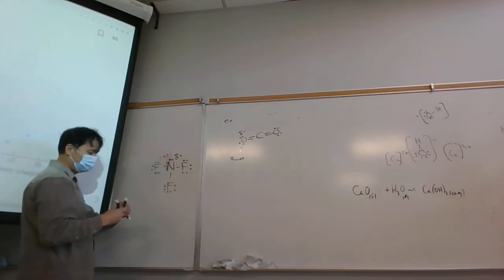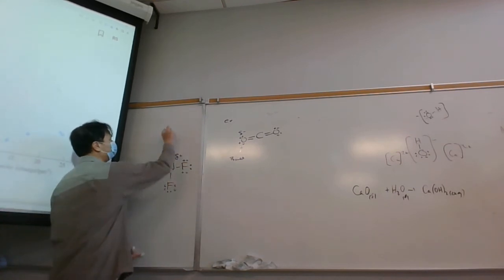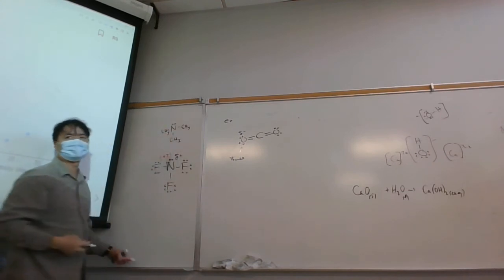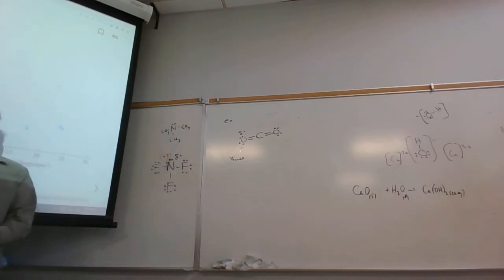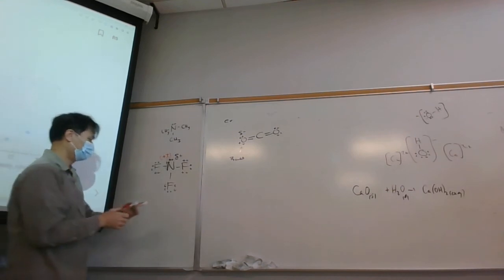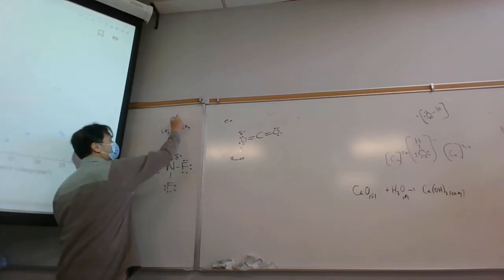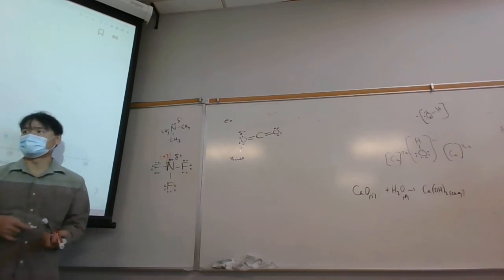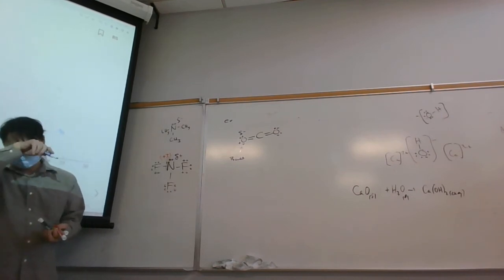If you look at any amine, let's go to trimethylamine. What's the oxidation state on the nitrogen? Well, for one thing, nitrogen has a delta minus, making it basic. Nitrogen is more electronegative than carbon.